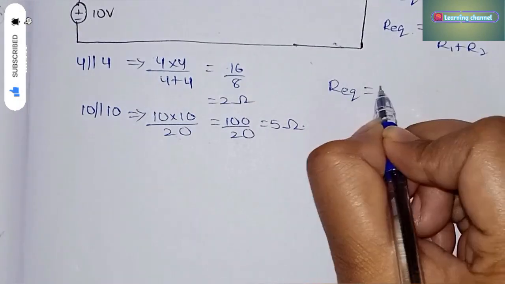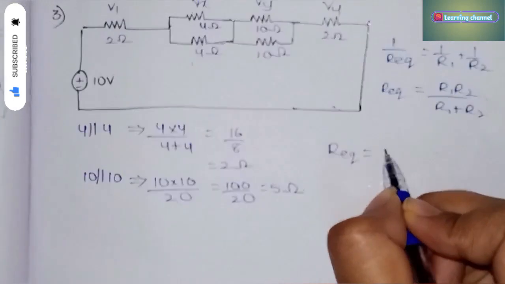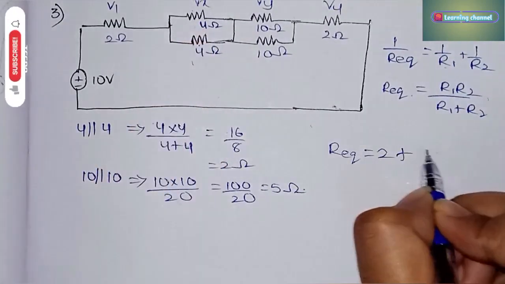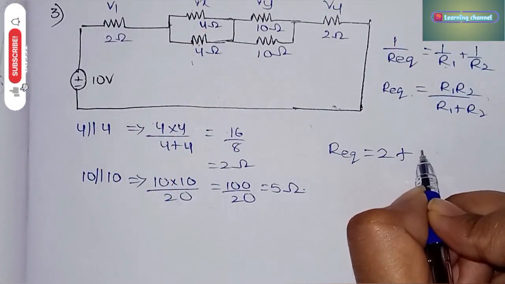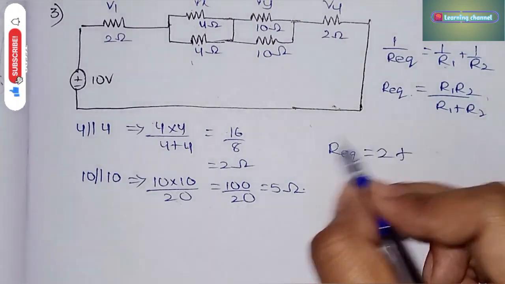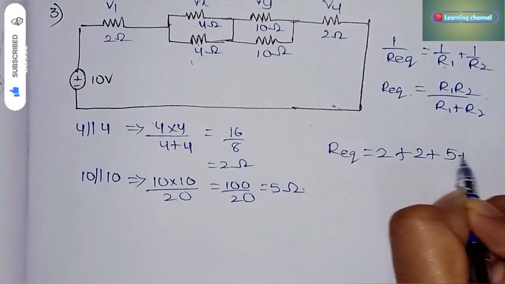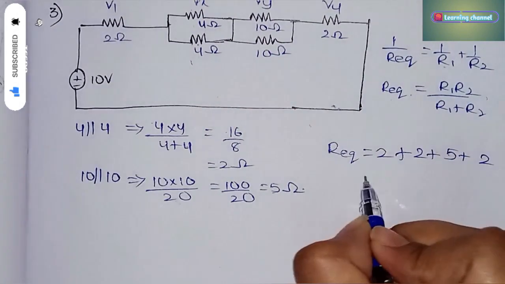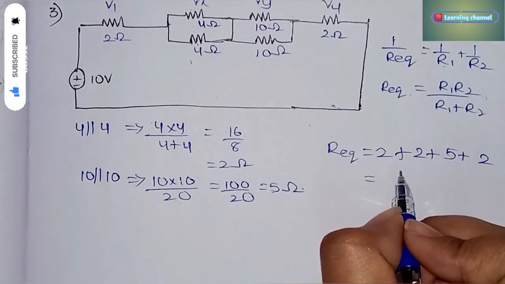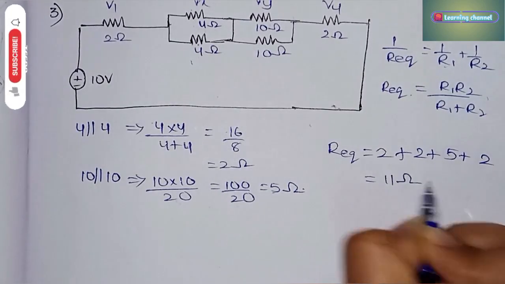Now the total resistance we have to find. What is the R equivalent? 2 plus 4 parallel to 4, which we got as 2, plus 10 parallel to 10, which is 5, and here we have 2. So totally 6 plus 5, that is 11 ohms.